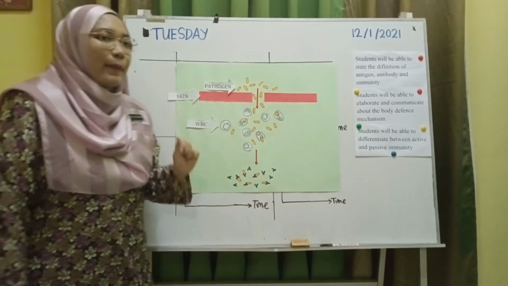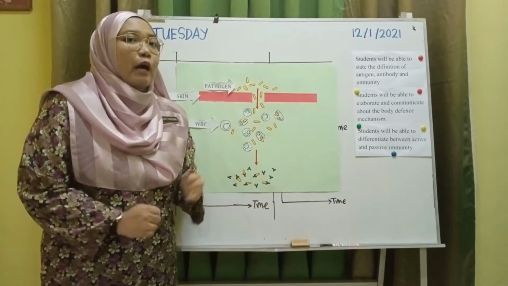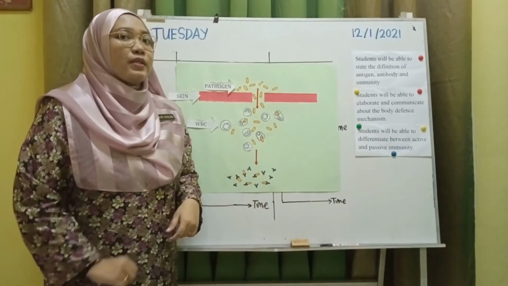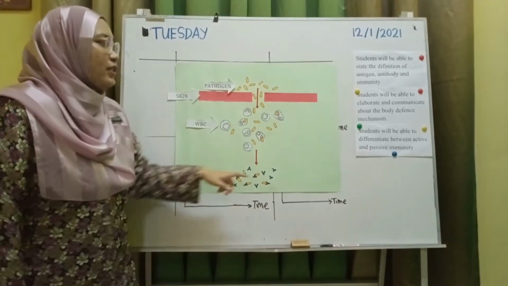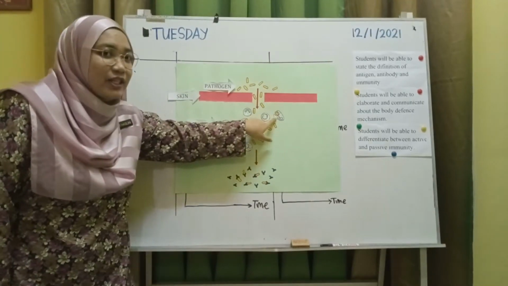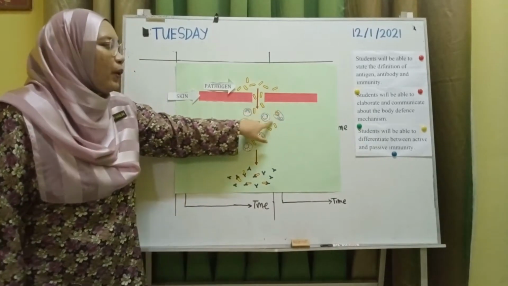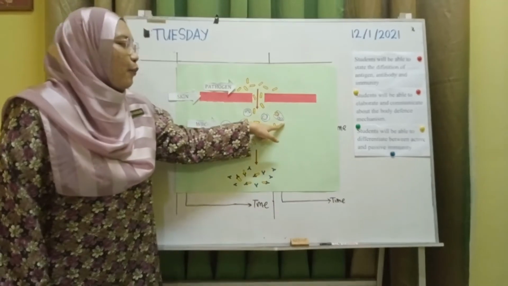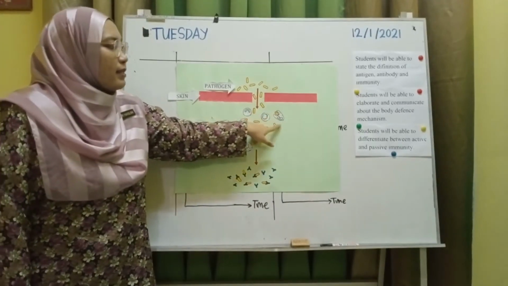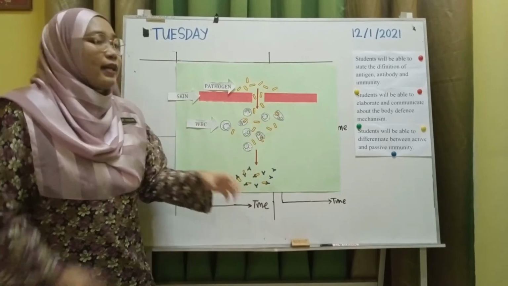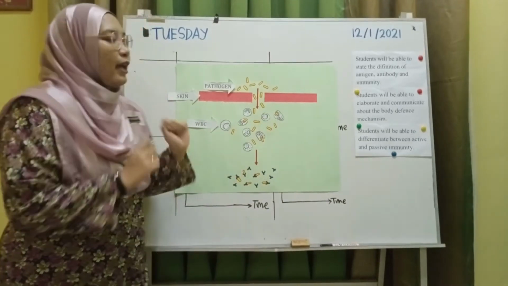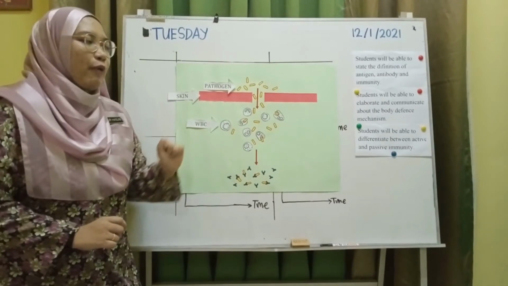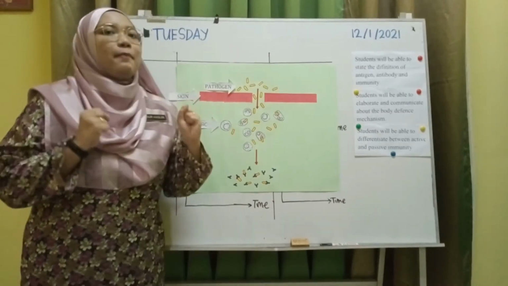White blood cells will protect our body by performing phagocytosis. If you take a look at the structure here, this is the phagocytosis process where the white blood cell surrounds the pathogen and engulfs it, and at the end of this process, the white blood cell will digest the pathogen.